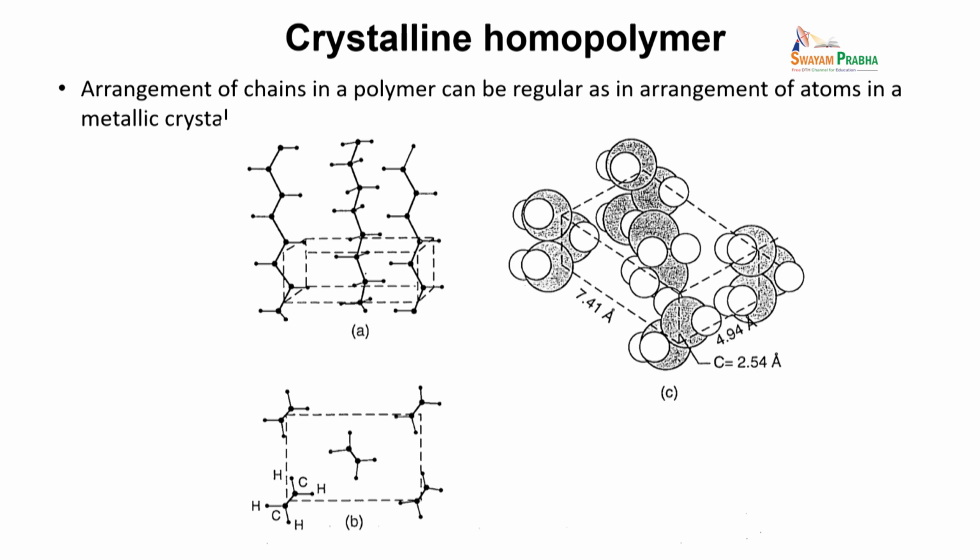You can also see that the cell dimensions are given. The distance between these 2 is about 7.4 angstrom. This is obtained from semi-crystalline polyethylene solid, okay. So just like how we talk about unit cells in metals, the same way we can talk about unit cells for polymer crystals too, right.